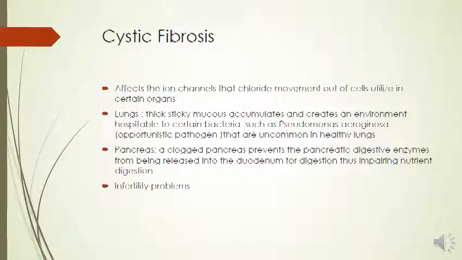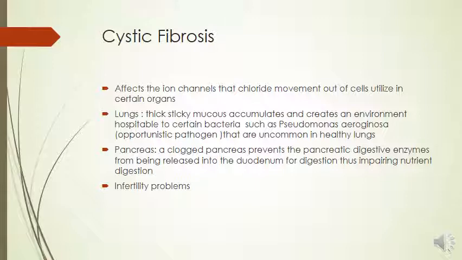If we look at the pathophysiology associated with cystic fibrosis, we see that the mutations in the CFTR gene affect the ion channels that chloride movement out of the cells utilizes in certain organs. In the lungs, a thick, sticky mucus can accumulate and create an environment that's very hospitable to certain bacteria, such as the opportunistic pathogen Pseudomonas aeruginosa.